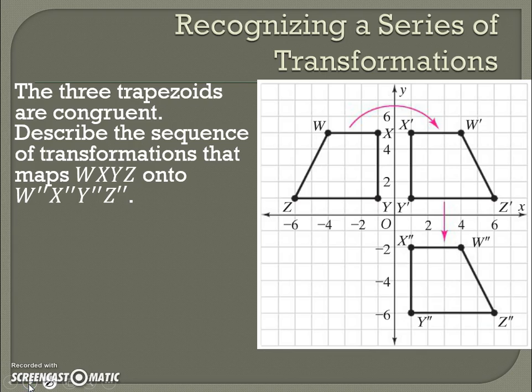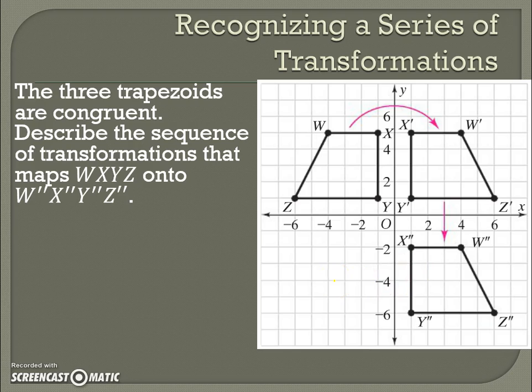So it says the three trapezoids are congruent. Describe the sequence of transformations that maps WXYZ onto W double prime, X double prime, Y double prime, Z double prime. That's a mouthful. So how do I get this one to this one?